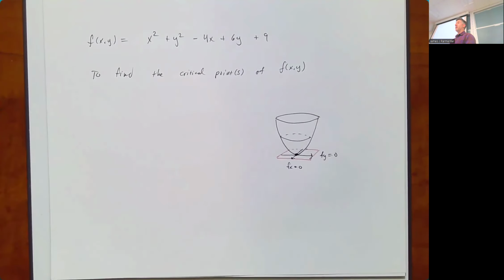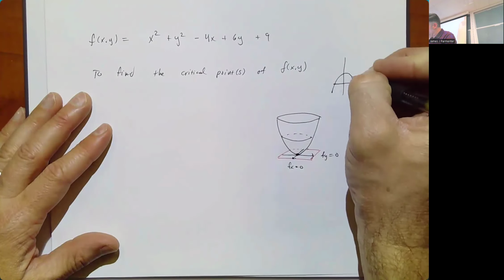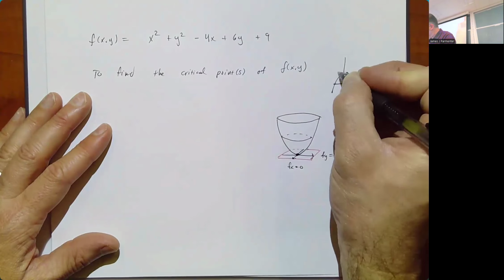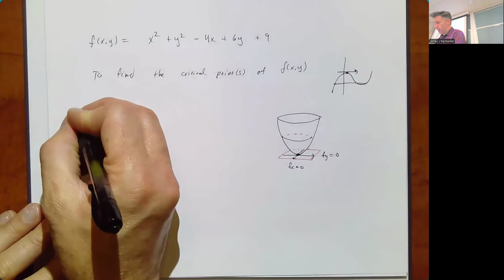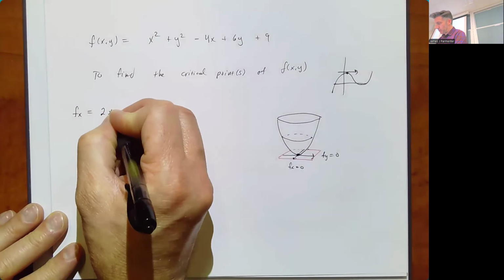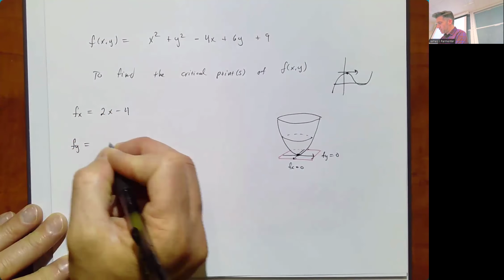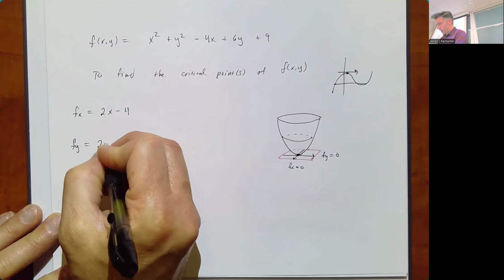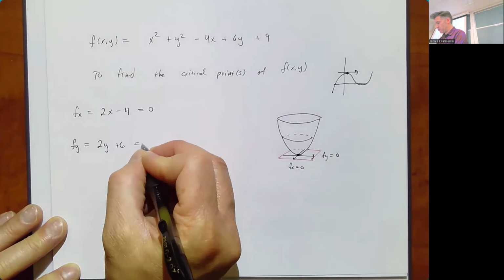That's how we're going to identify critical points, just like a function of one variable might look like this, and you're looking for the points where the derivative is zero. So to find these critical points, we set each of the partial derivatives equal to zero. We find f_x, which is 2x minus 4, and f_y, which is 2y plus 6, and we set each of those equal to 0.